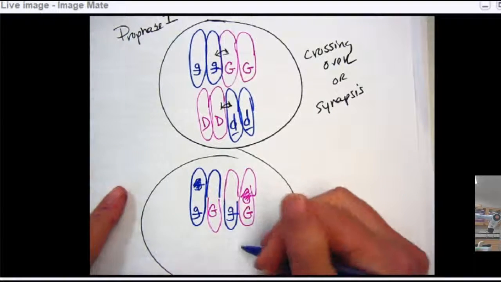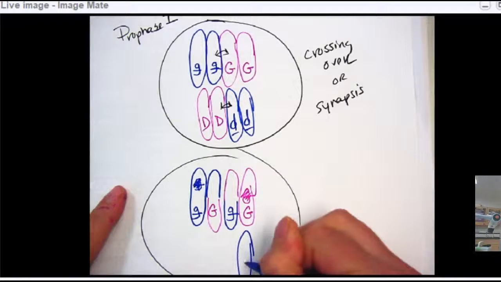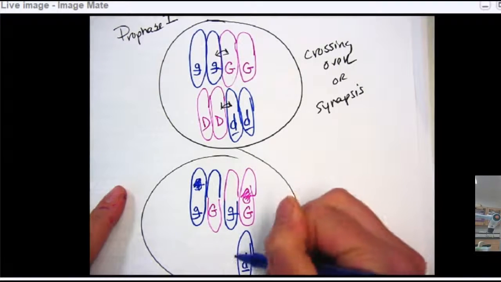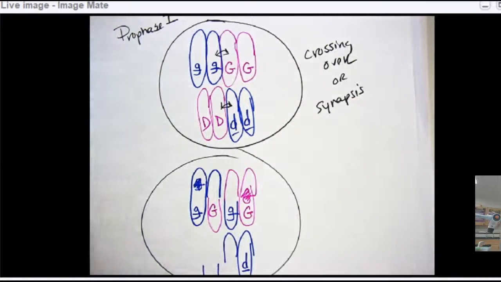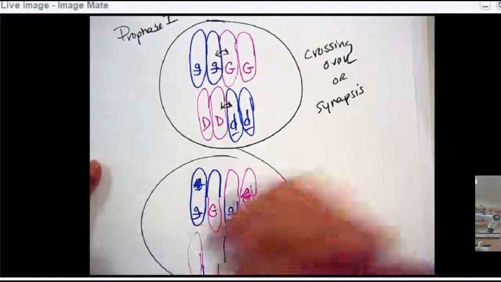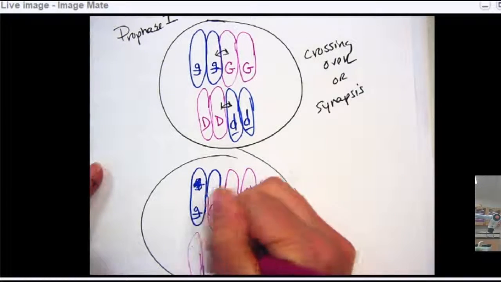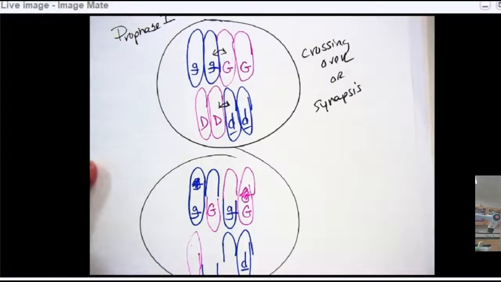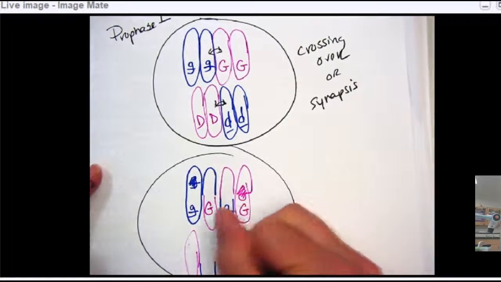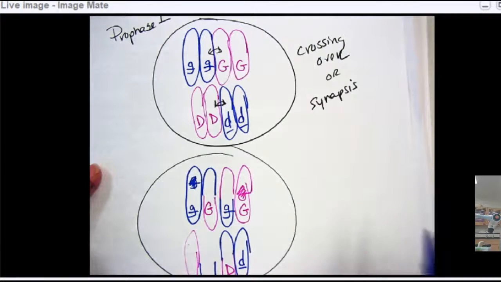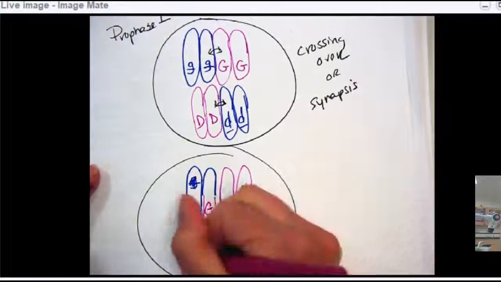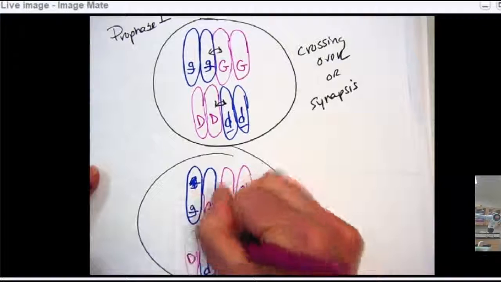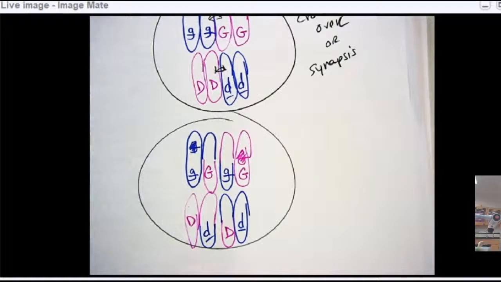We're going to see the same thing occur on our bottom chromosomes, and we're going to have crossing over occur there as well. So far, are we good?